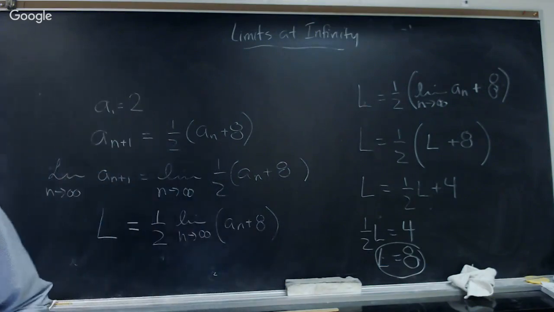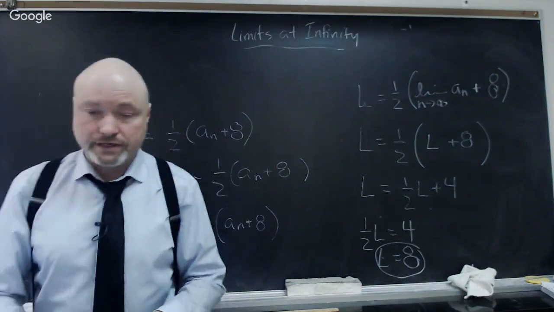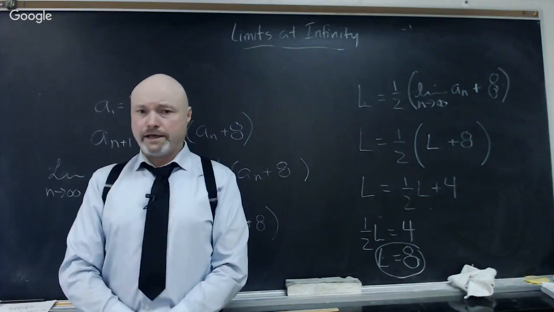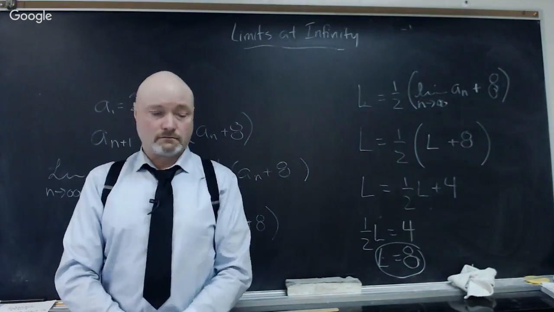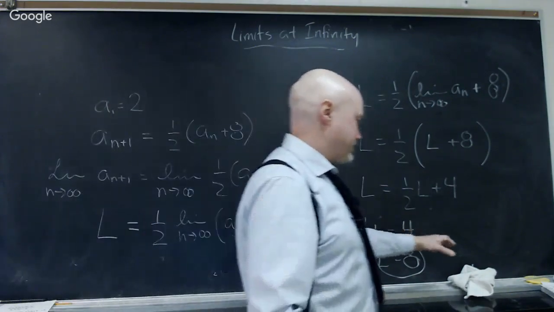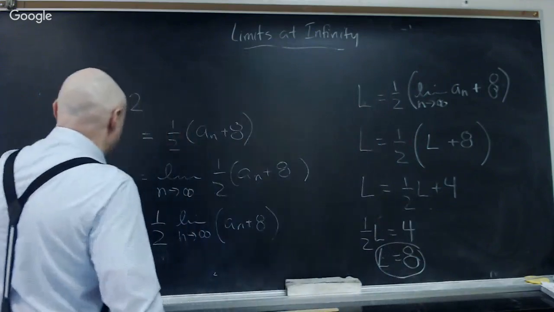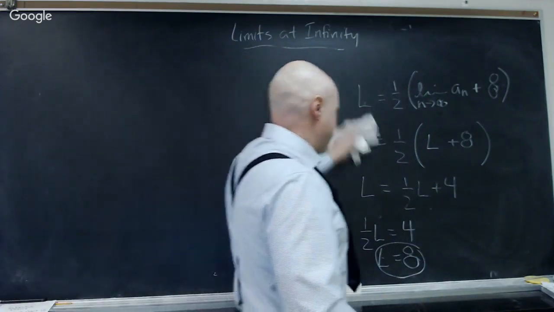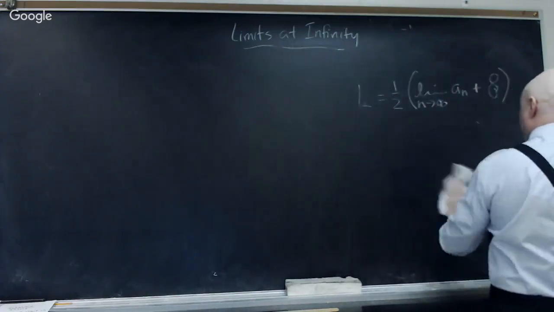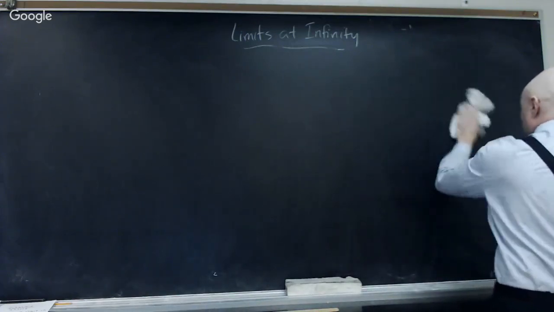Let me see if I've got an overview here, not printed out. So, determining average rate of change of a function between 2 points. Okay. Very scary. And that's just basically using that difference quotient.